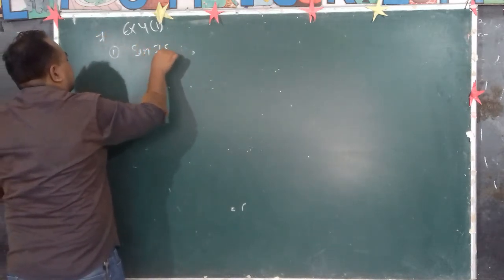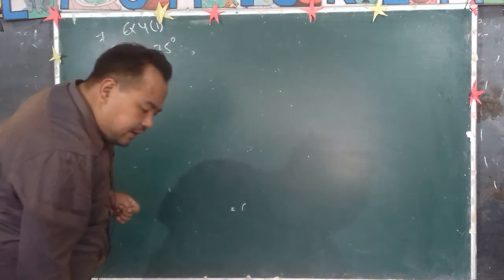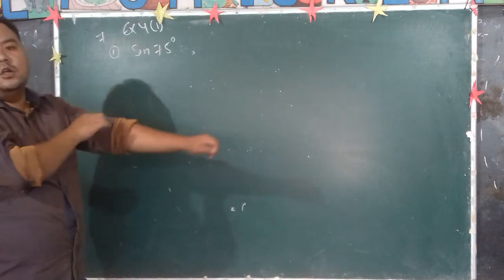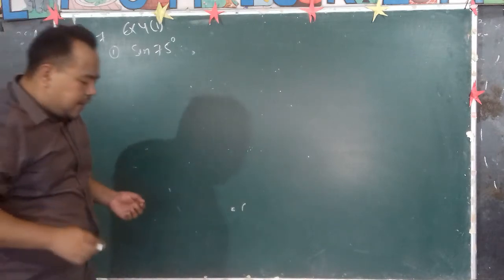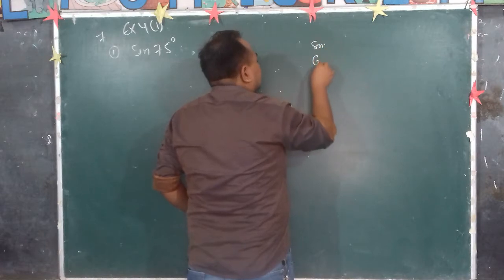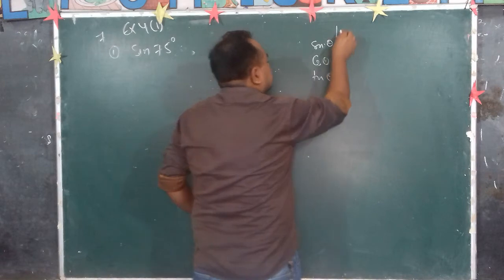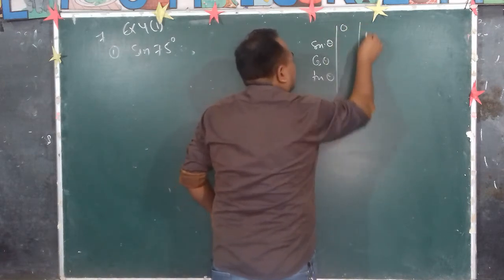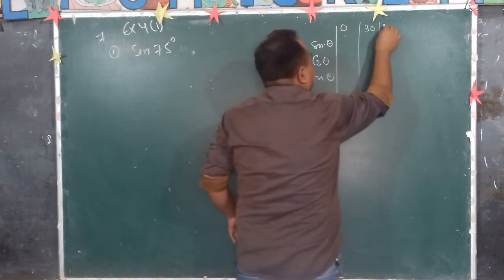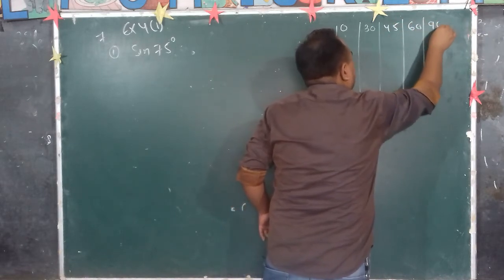Look at this. You have to find the value of sine 75 degrees. Now, is 75 a standard angle? In class 10 you learned what your standard angles are: 0, 30, 45, 60 and 90.